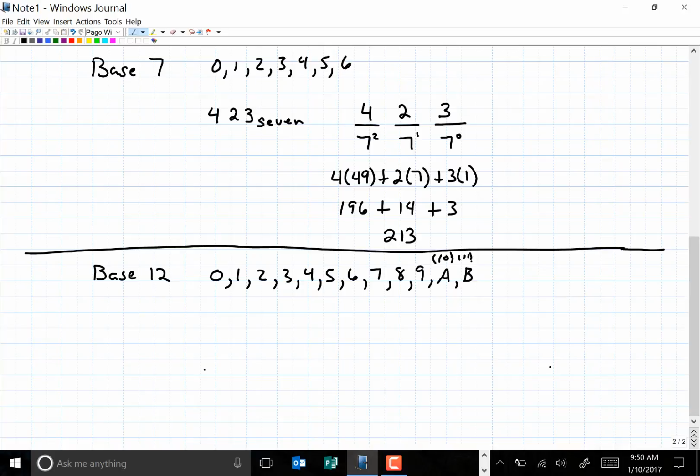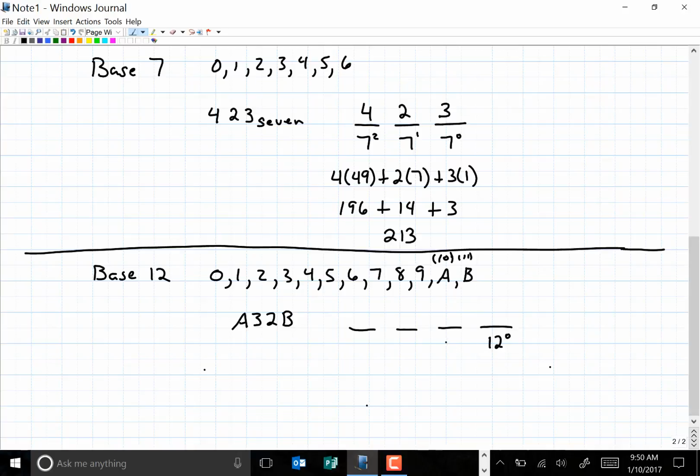So now a base 12 number might look something like this: A32B. Okay, so what does this mean? Well, again, since it's a base 12 number, all the digits are powers of 12.